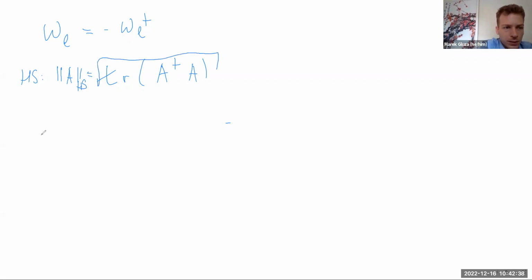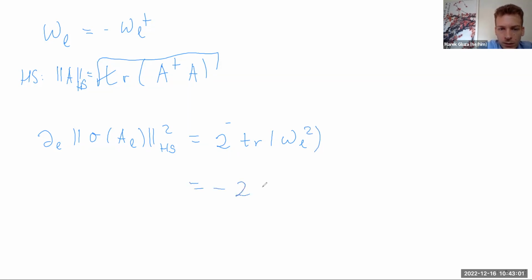So I need to consider this, which means that if I consider the derivative of the squared Hilbert-Schmidt norm of sigma AL plus, then this is 2 times trace of WL, not squared, but this is minus 2 times trace WL dagger WL.